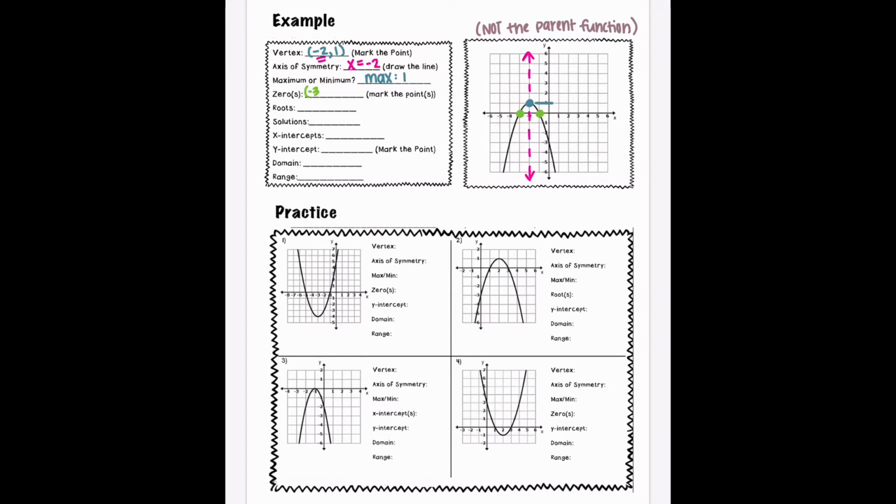So that's the point -3, 0, and the point -1, 0. Roots, solutions, and x-intercepts are all the same thing. So those are also going to be -3, 0, and -1, 0.